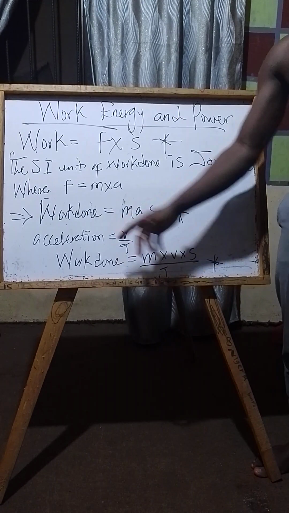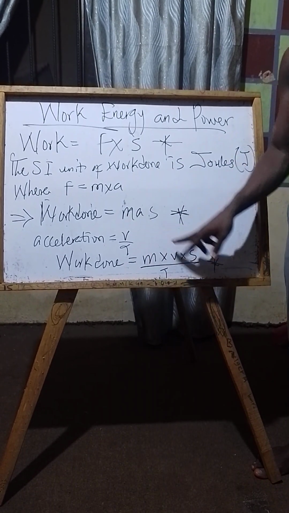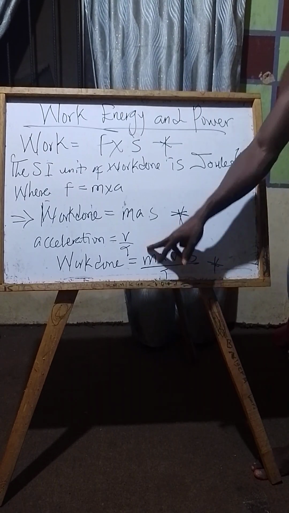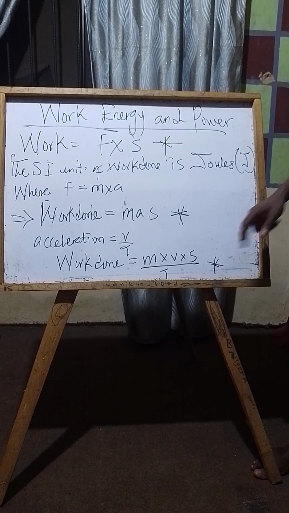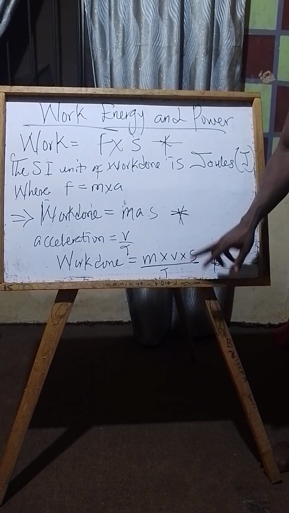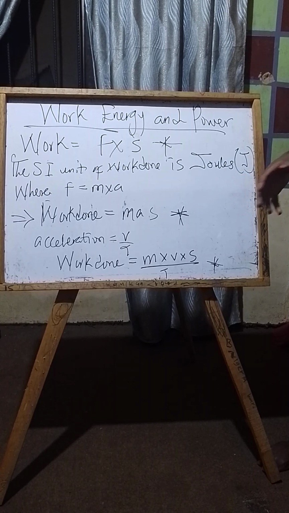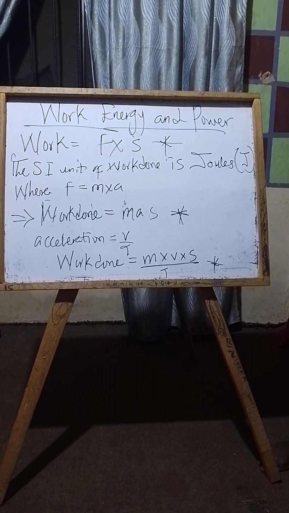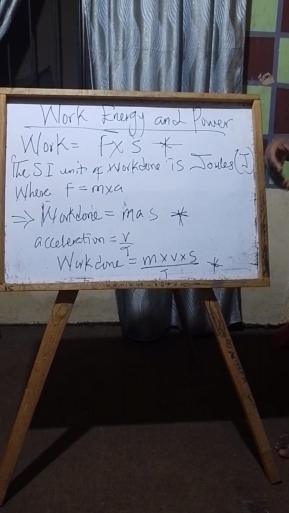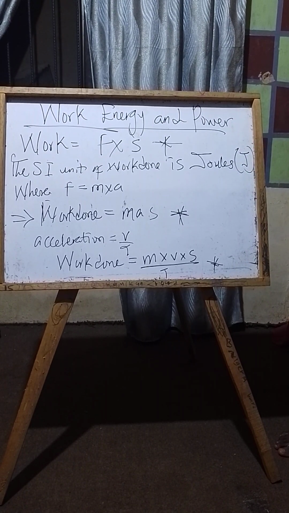Now, we also know that acceleration is velocity over time. Then, work done is equal to mass times velocity times distance over what? Time. So you can use any of these three formulas to calculate work done on a straight line. Is that clear? When the work is done on a straight line, you can use any of these formulas to solve them and you get your answers right.